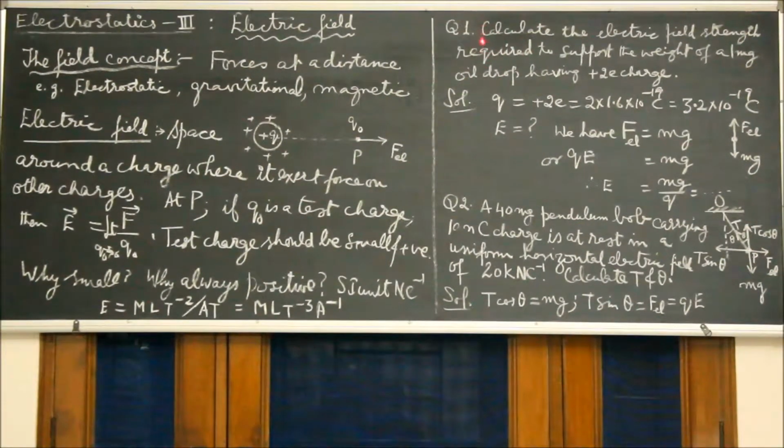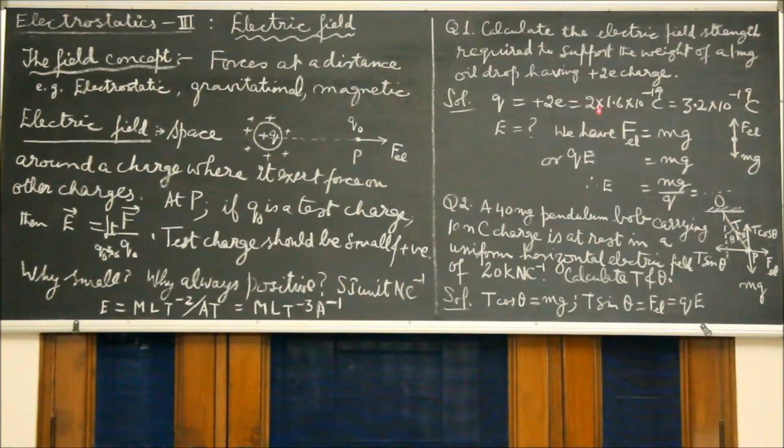Question number 1. Calculate the electric field strength required to support the weight of a 1 milligram oil drop having plus 2e charge. Now in the problem, we have q equal to 2 electron charges equal to 2 into 1.6 into 10 to the power minus 19 coulomb. This 3.2 into 10 to the power minus 19 coulomb is then the charge.